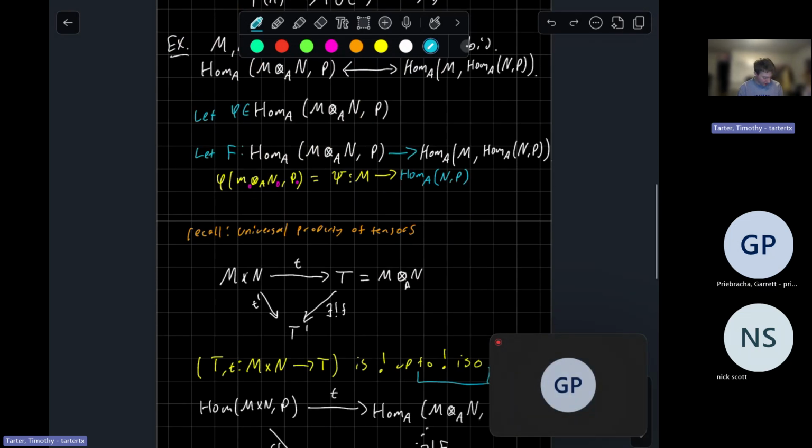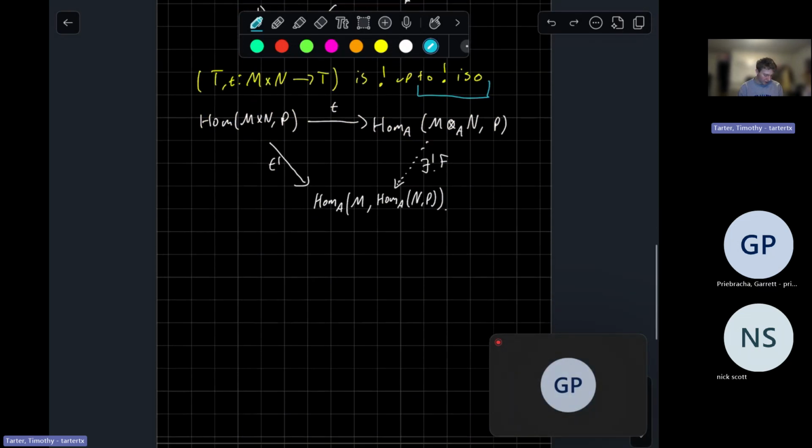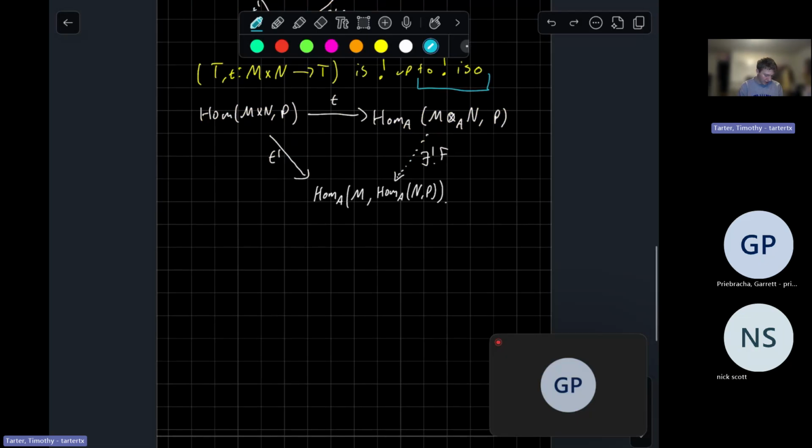So now it says actually find one. I'm just going to say we move this thing around, right?